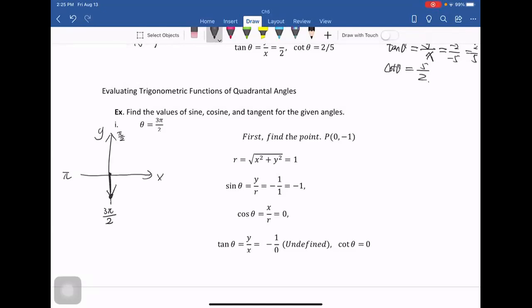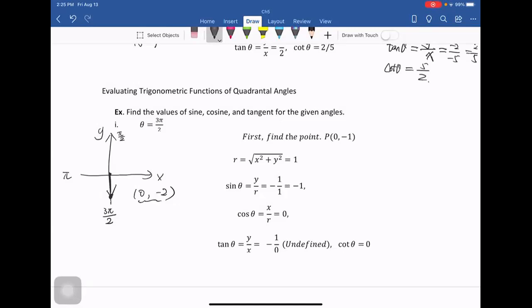If it is here, we can just assign any point on this negative part of the y-axis. It could be 0, -2, or 0, -1, 0, -3. It doesn't matter. Just choose any point on the negative part of the y-axis.